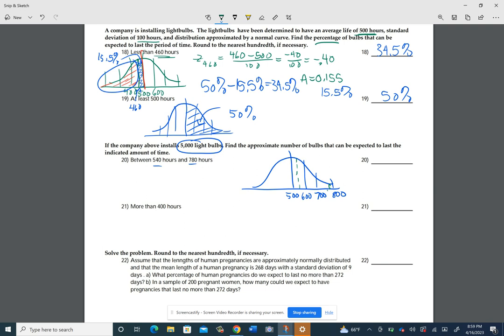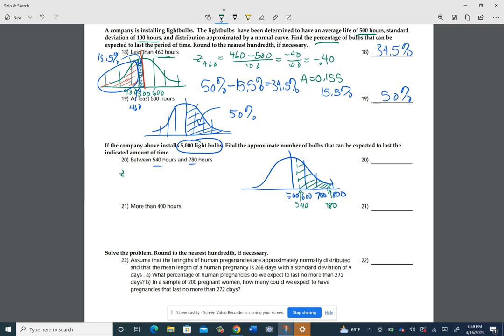Okay. And I want to know how many light bulbs I could expect to last between 540 hours and 780 hours. So I need the z-score for each of those.